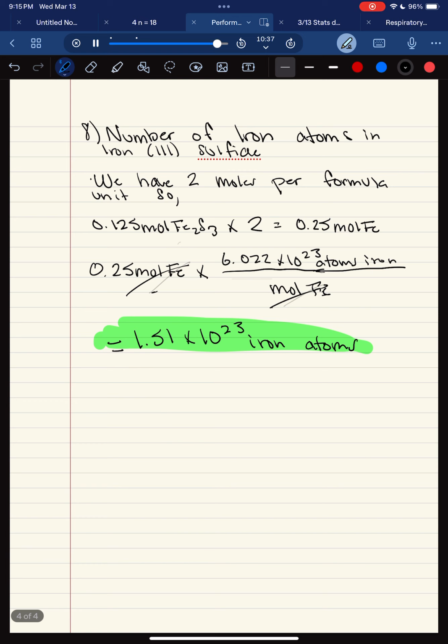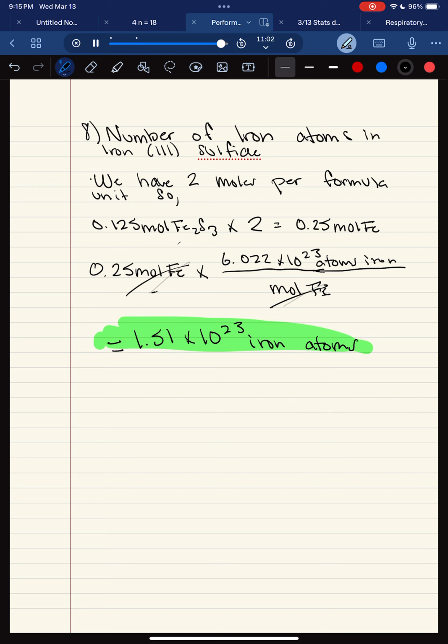And then for the number of iron atoms in iron(III) sulfide, we have 2 moles of iron per formula unit. So 0.125 moles of iron sulfide times 2 equals 0.25 moles of iron.